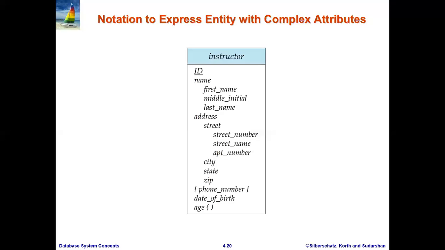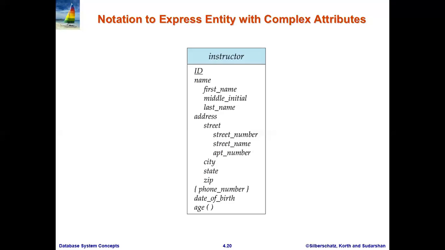So this indicates that these three are subparts of the name attribute, and that's why name is a complex attribute, or we can say it is a composite attribute. Address. Now address will again have street, city, state, zip. So address is again a composite attribute.